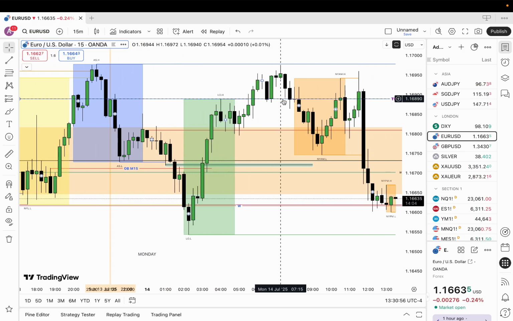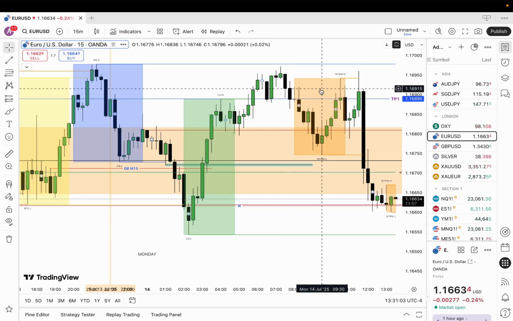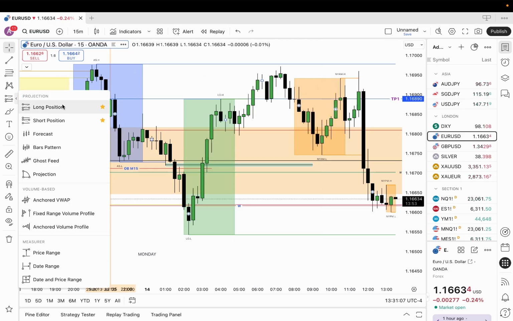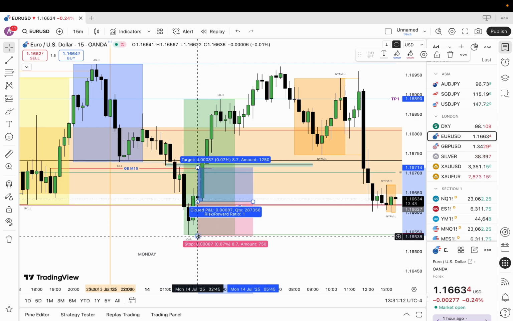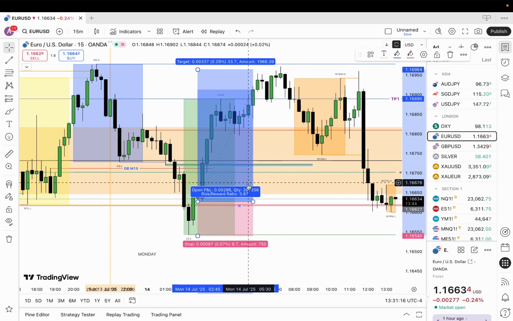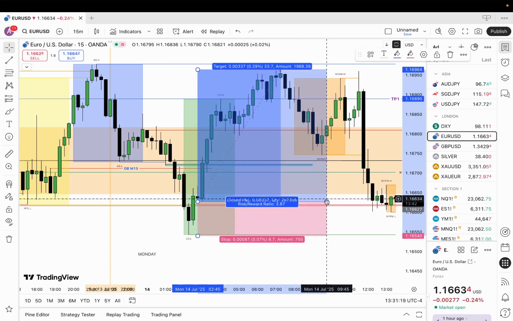My take profits were around here, but I just took my exit over here, and it was an amazing position, bro. If you check the risk to reward, long position just in the next candle, stop loss over here and take profits over here, it was 1 is to 3.87, nearly 1 is to 4.